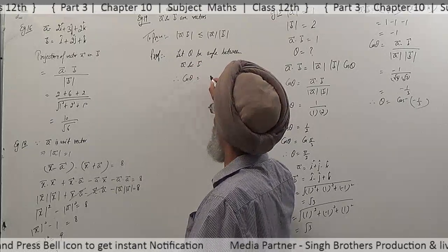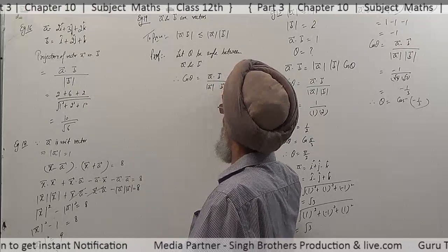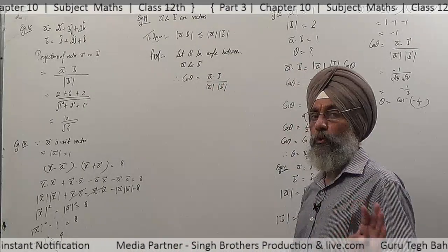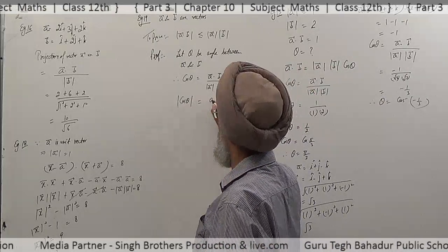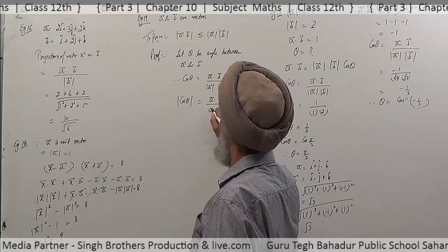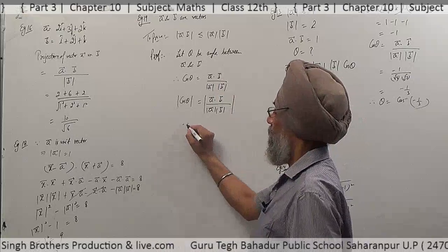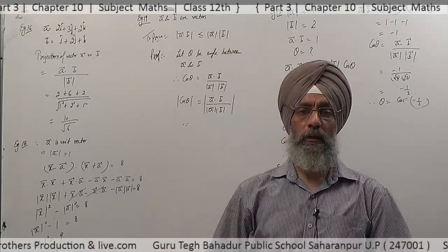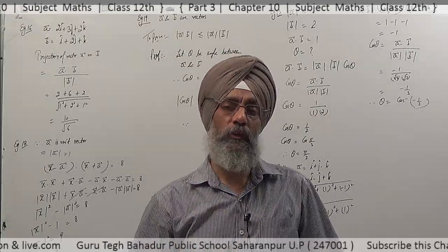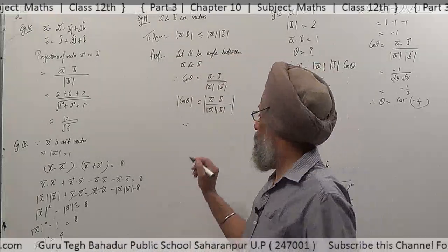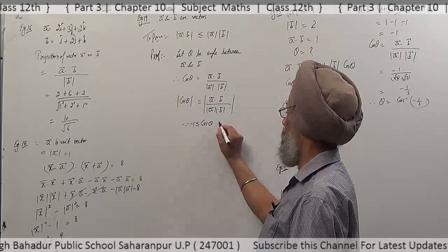Therefore, cos theta is equal to vector A dot B upon magnitude of A, magnitude of B. If we take the mod sign on both sides, we know that the value of cos theta lies between minus 1 and 1. The minimum value of cos theta is minus 1 and the maximum value is plus 1. Cos theta is greater than or equal to minus 1 but less than or equal to 1.